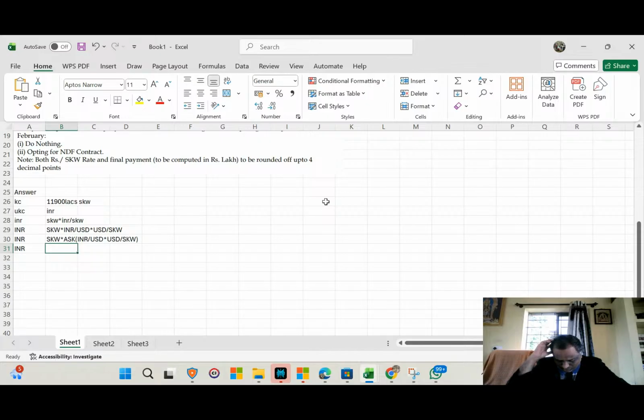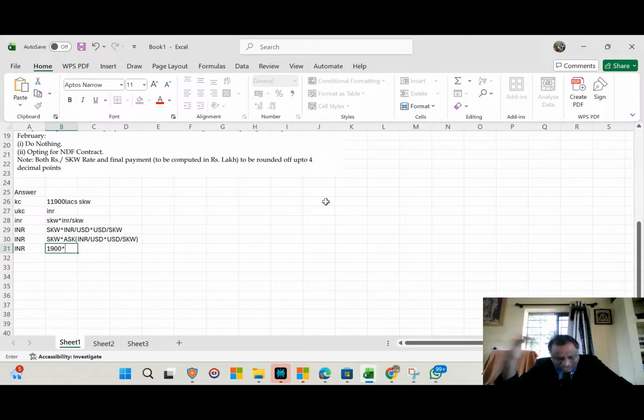SKW how much? 11,900 into ask INR divided by USD I want. But they given USD divided by INR.